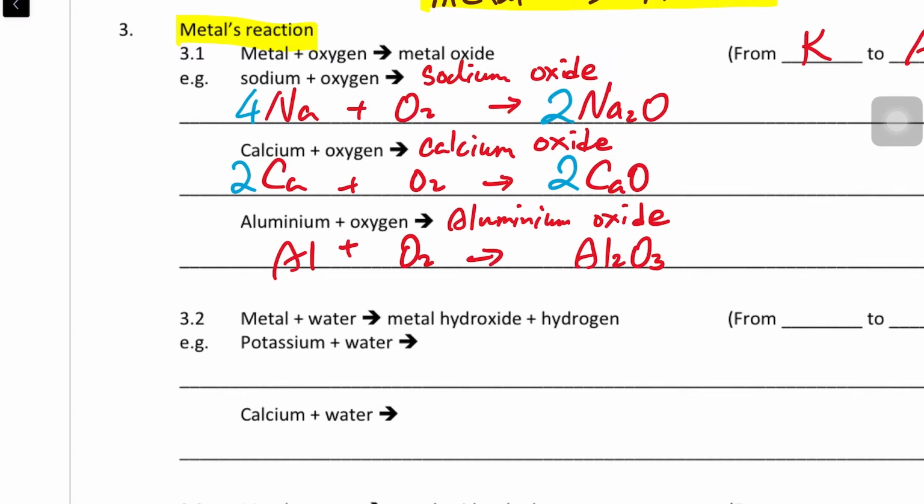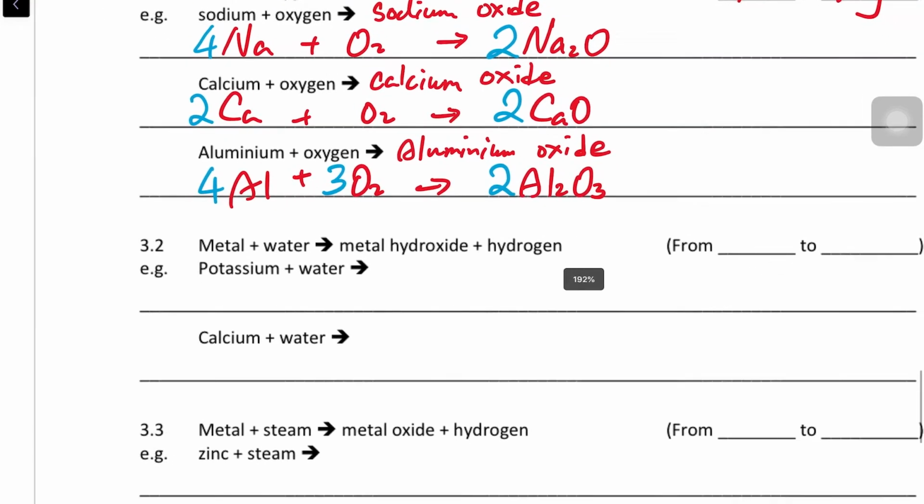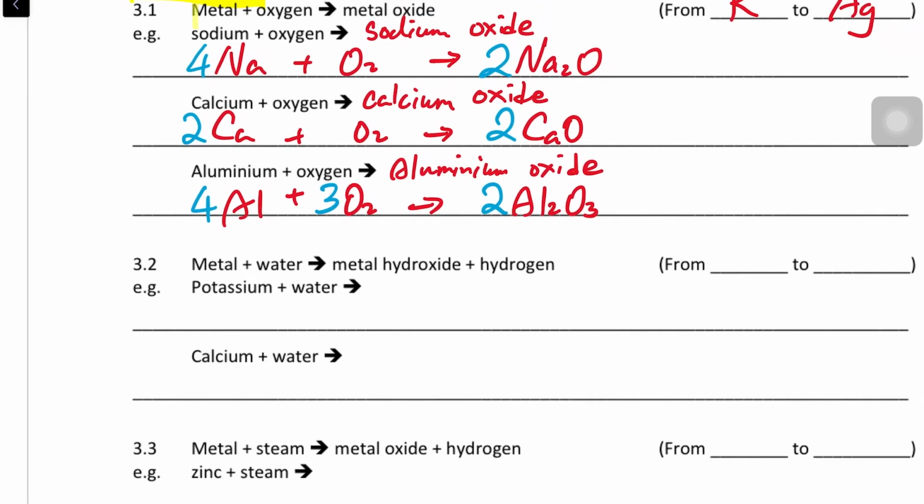Finally, it's a bit tricky because we got 3 oxygen on the right hand side, so we should multiply by 2 and here by 3, in order to balance the number of oxygen on both sides, and the result is we need 4 aluminium for our reaction, like this. So this is the first reaction, to form metal oxide.